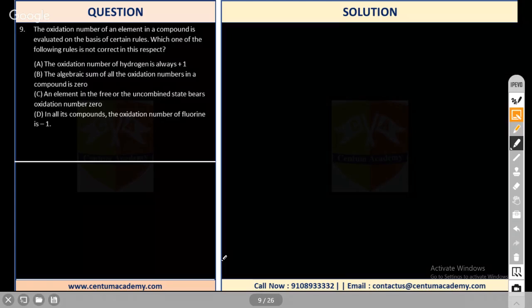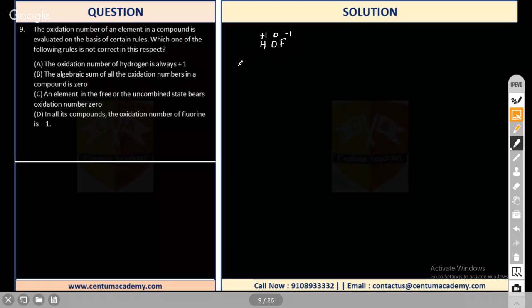Generally, this charge we only explain on the basis of electronegativity. So in HOF, hydrogen is +1, fluorine is -1, and oxygen is 0.